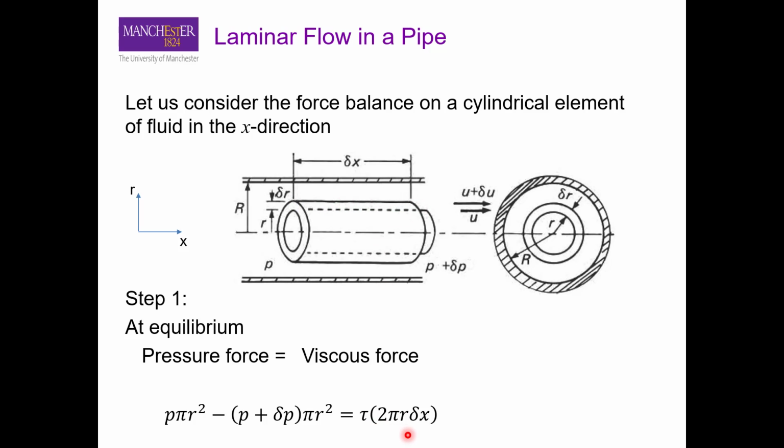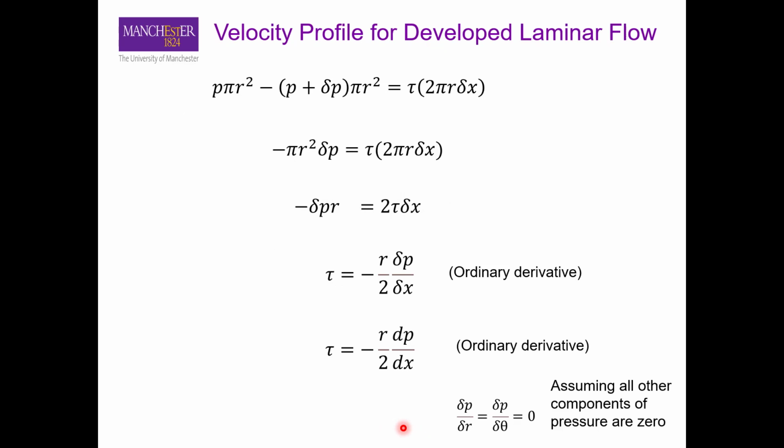So please remember that these two areas are different. This is the normal area, where the pressure force is acting on this area normally, while the shear stress is acting on this tangential area. We can further simplify this equation. We can cancel out the P term here, and if you rearrange this equation in the form of shear stress, we can write it as shear stress equal to minus r by 2 times partial P over partial x.